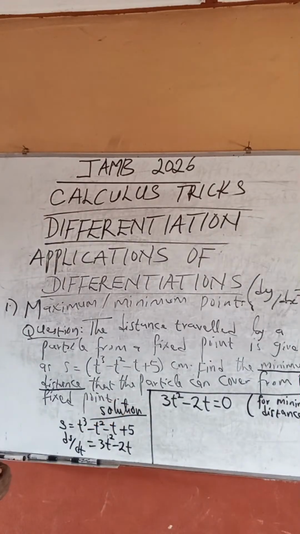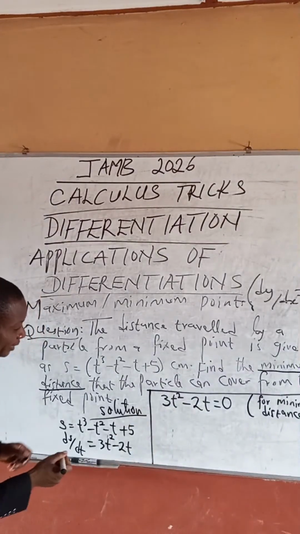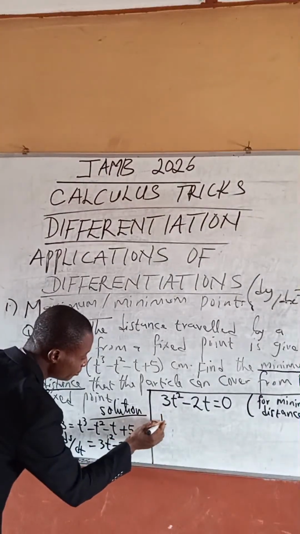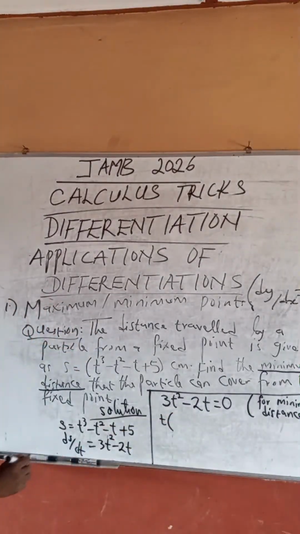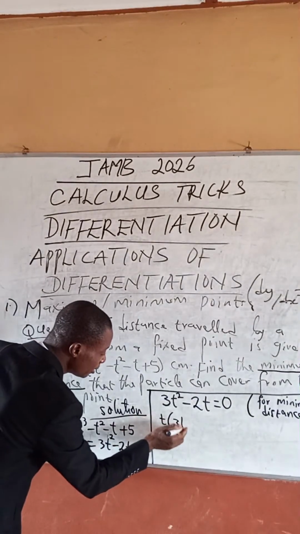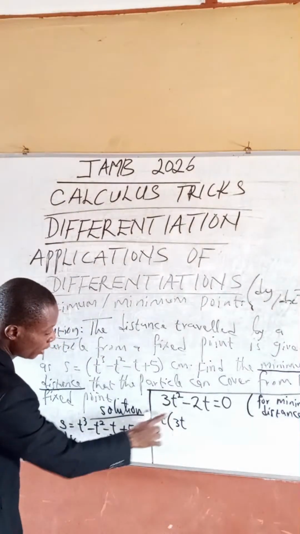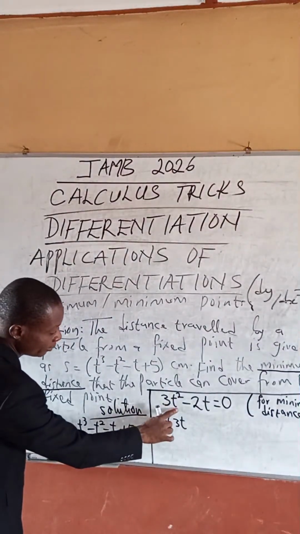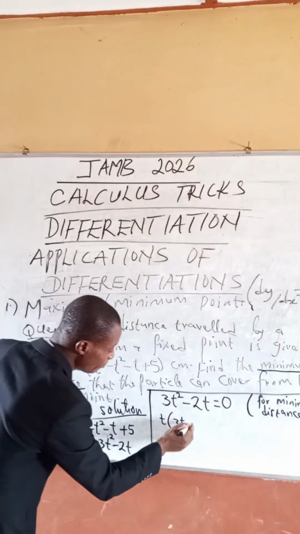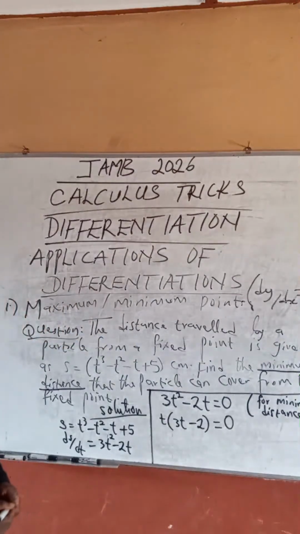Then we can solve it, right? Yes, it's simple. Let's factorize. So if we factorize, we are going to have t brought out. Then inside the bracket, remember, we have t squared here, so we have removed one of the t out here. Then we have only 3t inside, then minus 2 equal to 0.